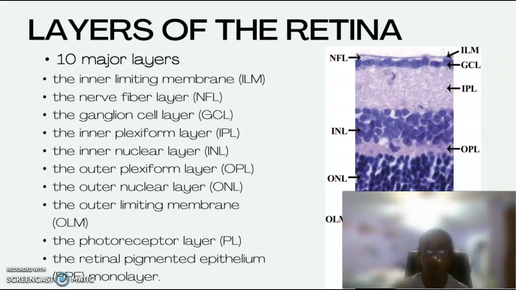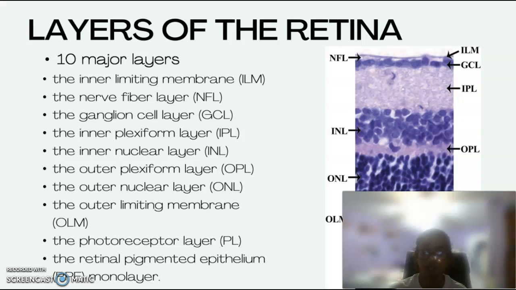The fifth layer, the inner nuclear layer, harbors the nuclei from bipolar, horizontal, amacrine, and Mueller cells. The sixth layer is the outer plexiform layer, where photoreceptor cells connect with bipolar cells, and where horizontal cells interact closely with both photoreceptors and bipolar cells.